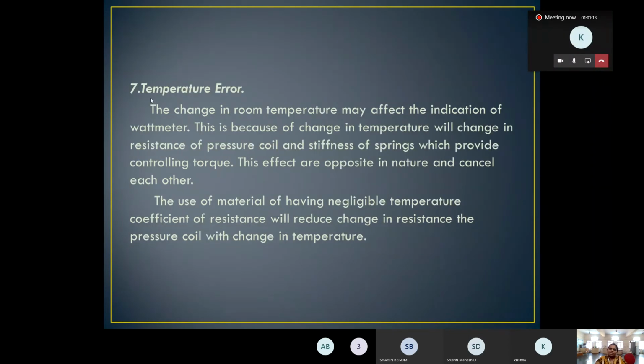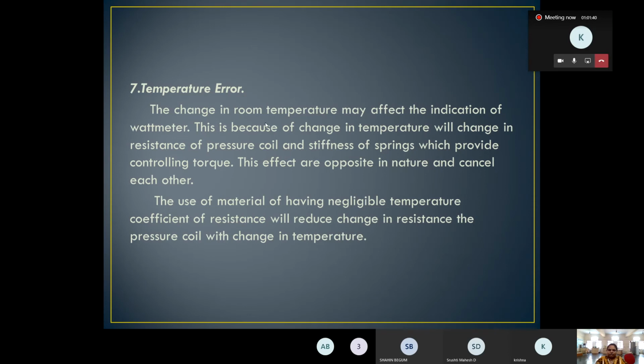And the last one is the temperature error. This temperature error will be in all the parts. What is this temperature error? The change in room temperature may affect the indication of the wattmeter. This is because a change in temperature will change the resistance of the pressure coil and the stiffness of the springs.